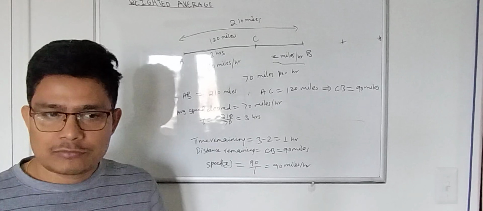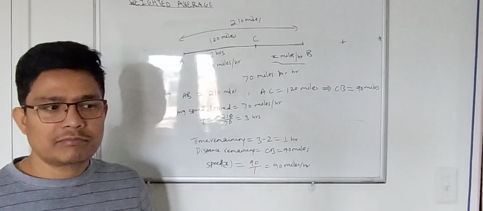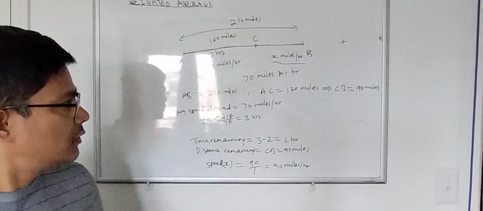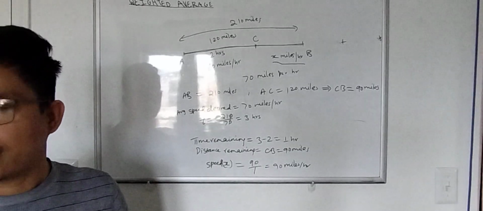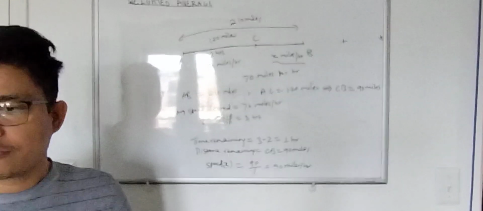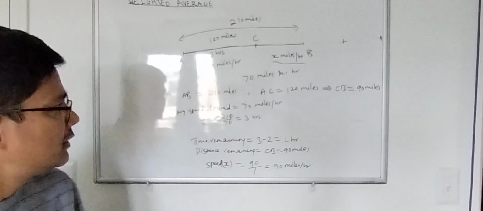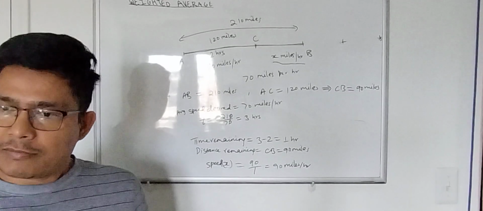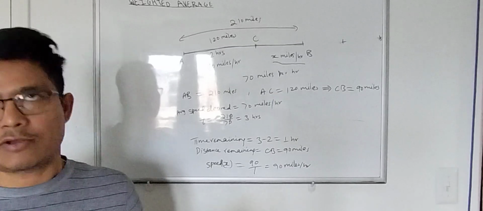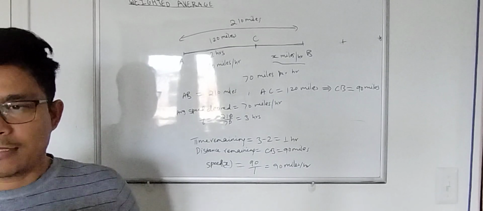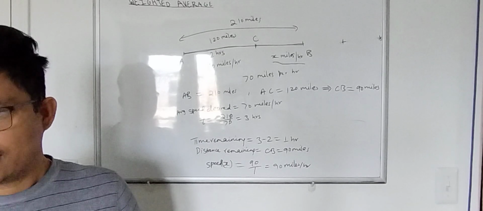So the weighted average concept can come from different areas: time, distance, work, people, fruits and price, grading, different areas. But to solve, if something is missing, you have to find it from what is given and apply that to find the missing thing.